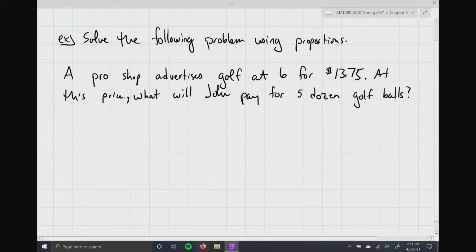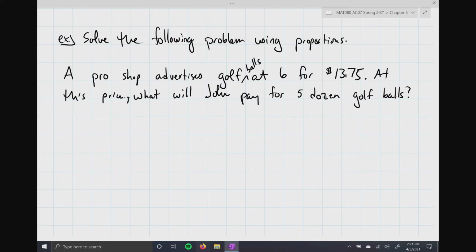All right, so a pro shop advertises golf balls at 6 for $13.75. At this price, what will John, meaning me, what will I pay for 5 dozen golf balls? Now, there's a lot going on in this problem. First things first. We got to figure out our ratio here.